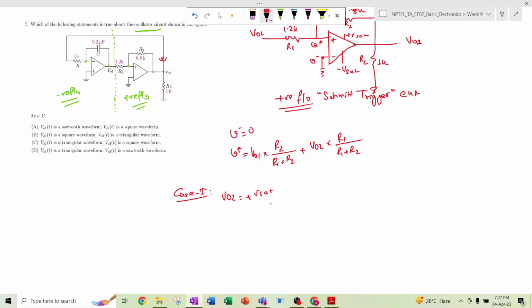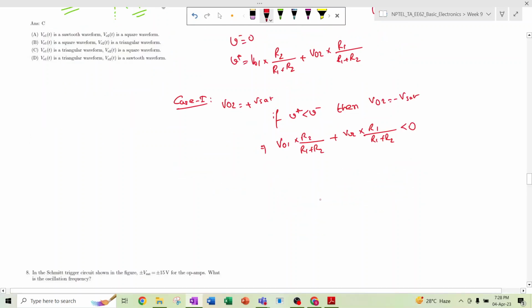So if VO2 is plus Vsat, then if this V plus is less than V minus, then this output will be minus Vsat. So that means VO1 into R2 divided by R1 plus R2 plus VO2 into R1 divided by R1 plus R2, if it is less than 0, then VO2 becomes minus Vsat.